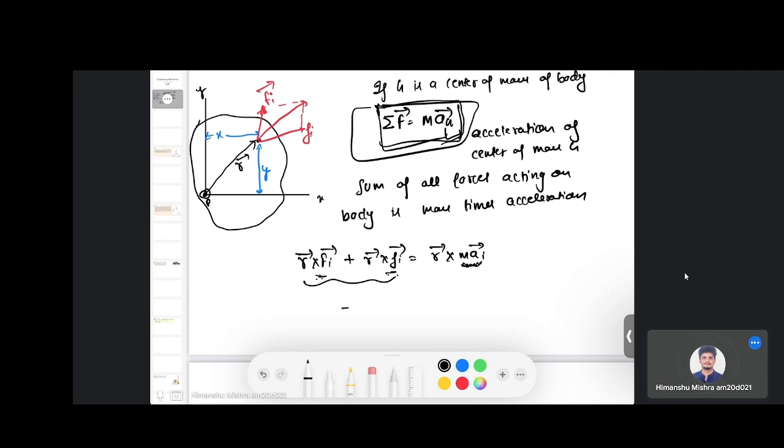This I can write as M_P equals r cross m a. This is the expression where the point P coincides with the center of mass G. Then I will get this moment expression, which is r cross m a.